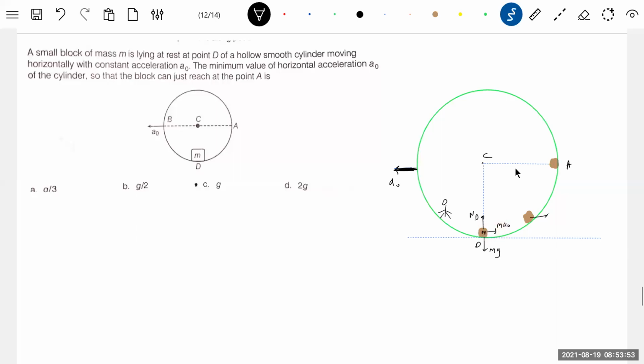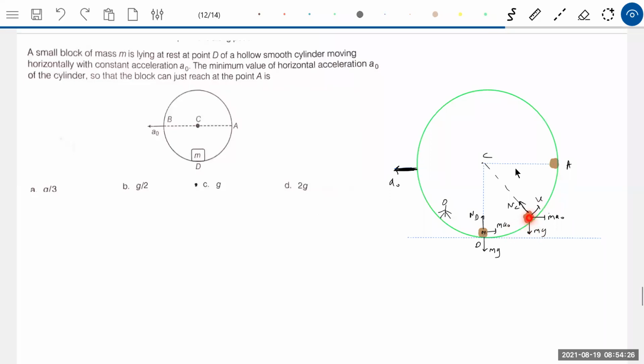So when it is here, you can see now clearly. Just reach tells us it will have velocity. This is the normal contact. This component of pseudo force does work, and the component of weight does work.